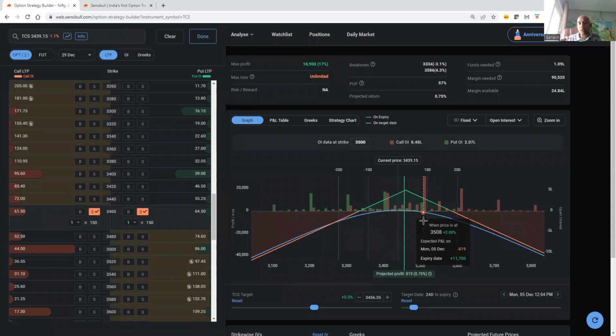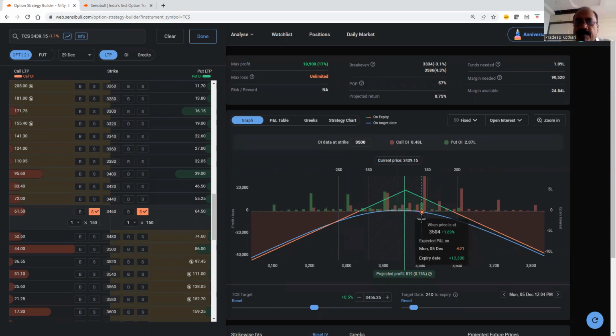The blue line is the one which goes with the trade, the actual trade days. You can track it with the trade. Sir, actually, it will show the MTM, the P&L, if the price moves to that level at that time.